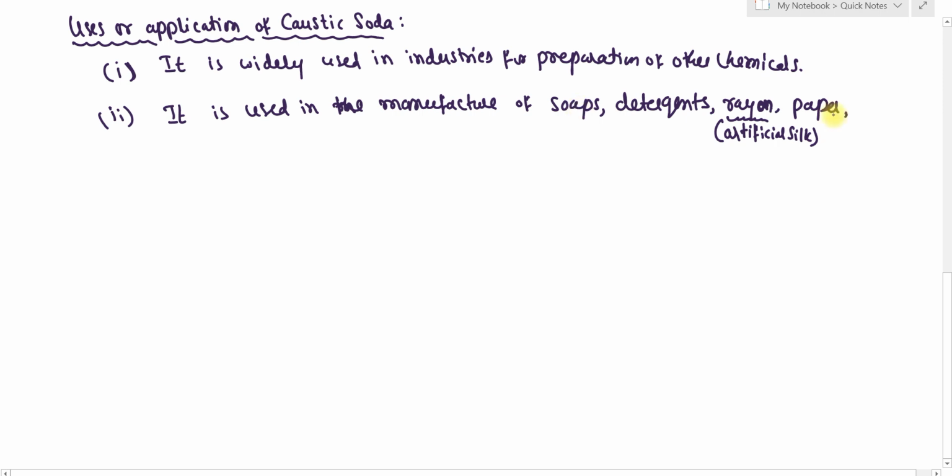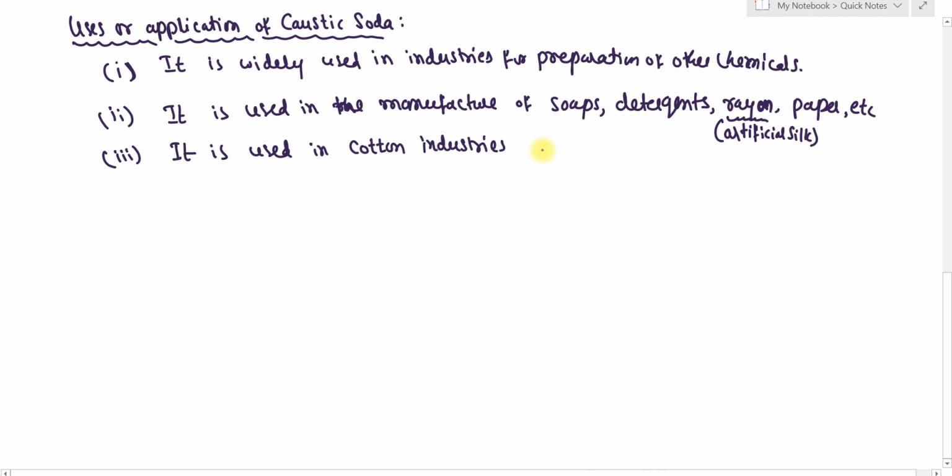Then third important application. Third important application is it is used in cotton industry. There are so many cotton industries present around Shahpur. It is used in the manufacture of unshrinkable cotton fibers.